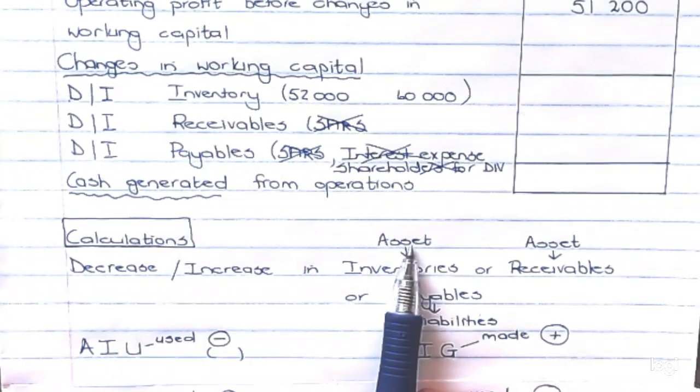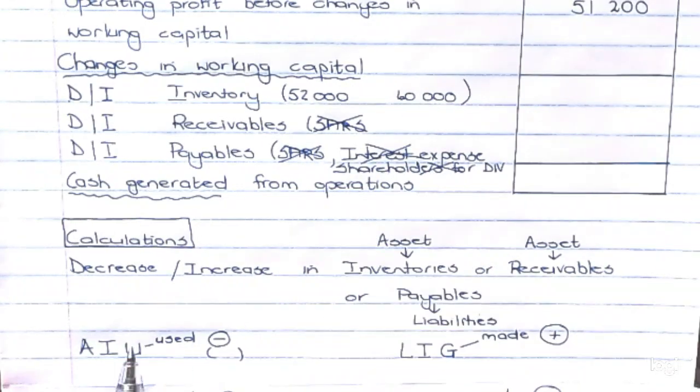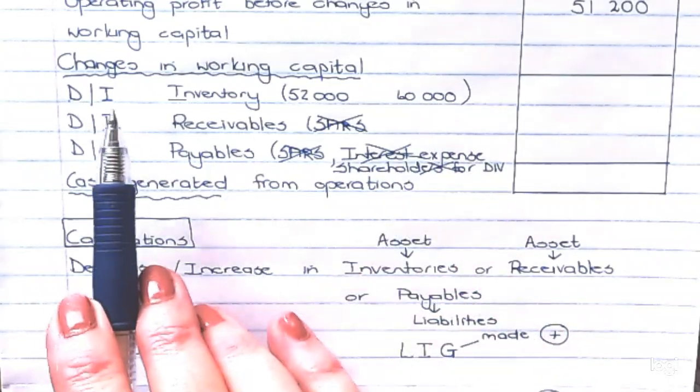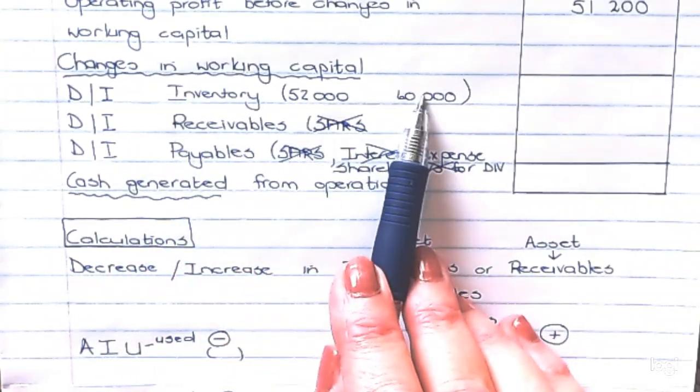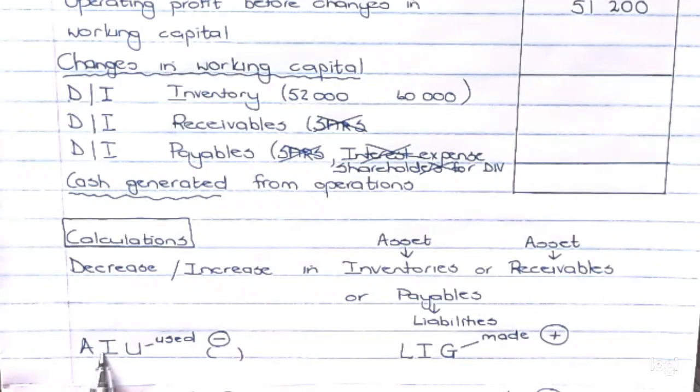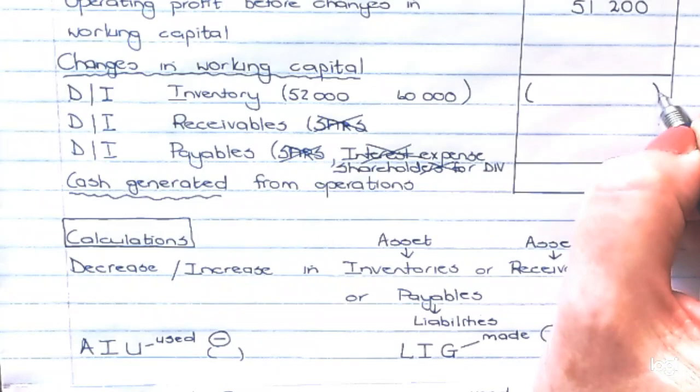Inventory is an asset. Let me do that again. This was the beginning. This was the end. What happened to inventory? It increased. Inventory is an asset. Asset increased. Money was used. So my answer is in a bracket.